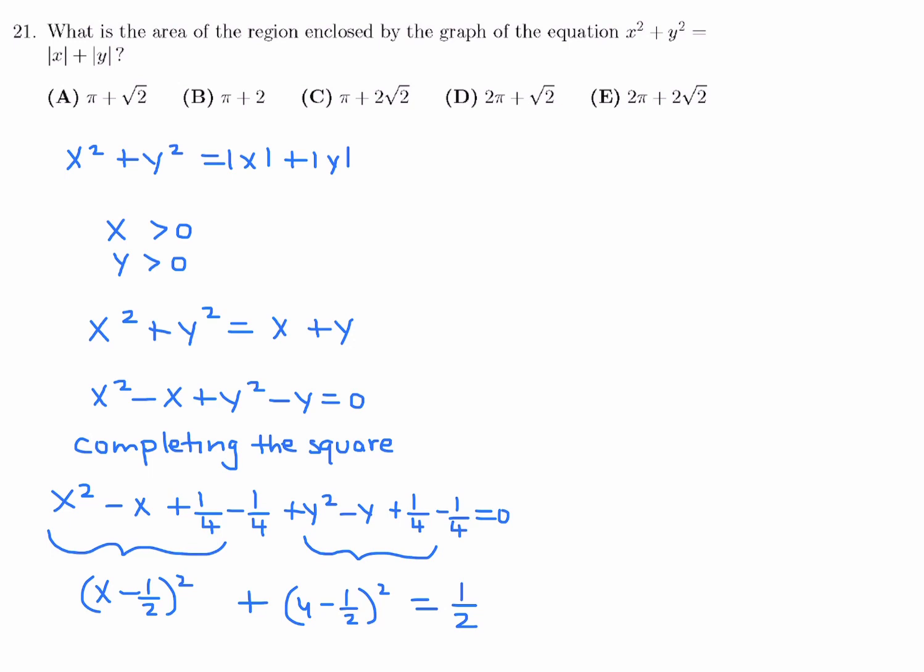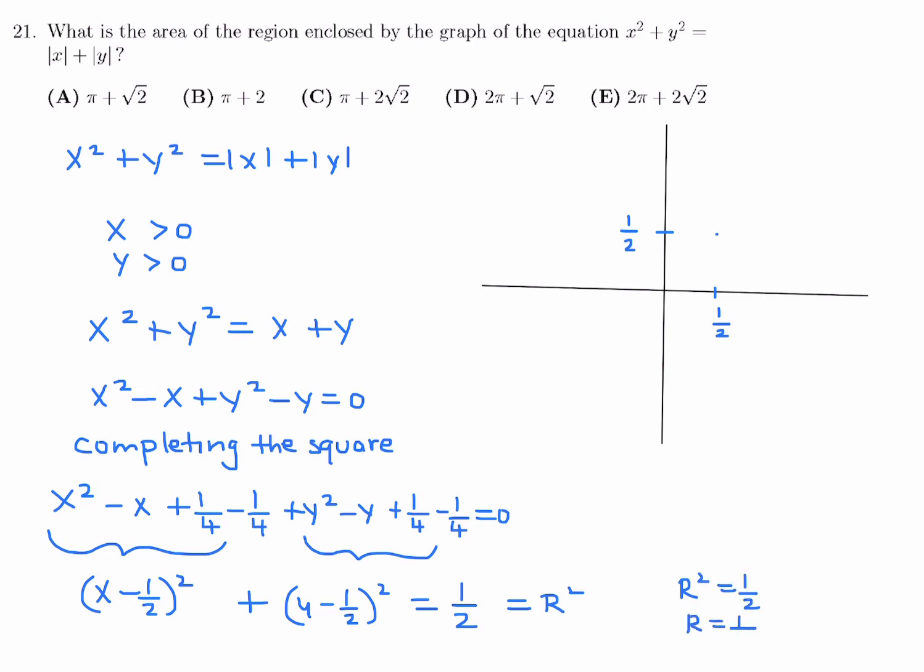So if I were to just draw the first quadrant, we have to label the center of this circle, which is a half, and then we have to draw the circle in a way so that the radius is equal to the square root of 1 over 2. So r squared is a half, so r will be the square root of 1 over root 2. If you rationalize the denominator, it's root 2 over 2.